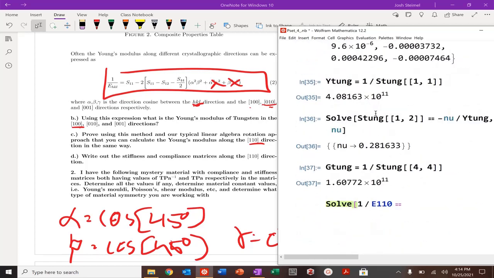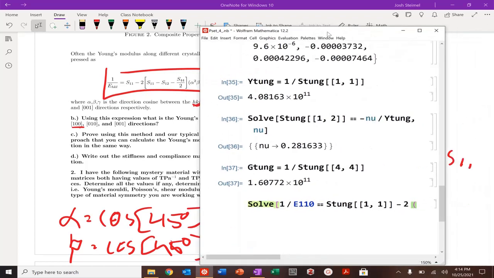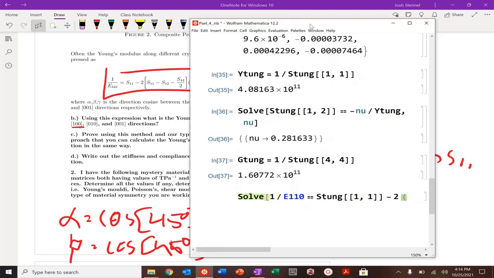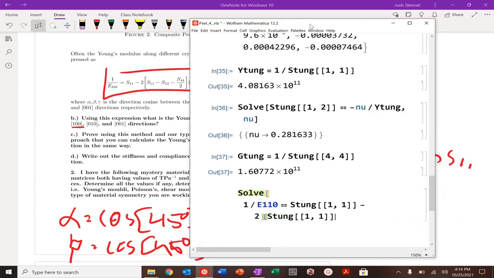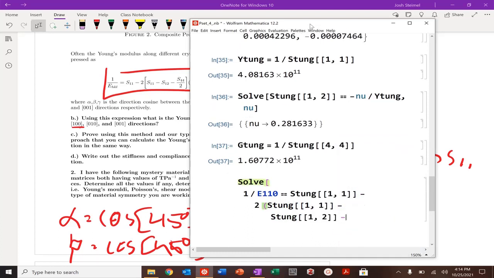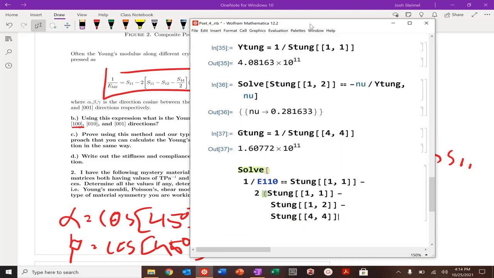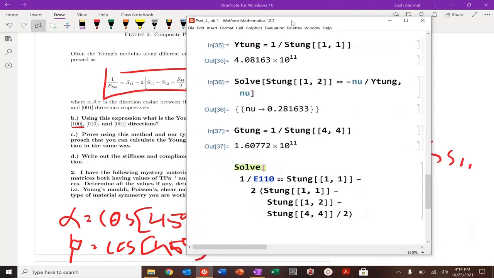But I'm just going to do S tongue 1, 1 minus 2 times, let me go over here, 2 times S tongue 1, 1 minus S tongue 1, 2 minus S tongue 4, 4 divided by 2, and then all of that times cosine, and that's where you need to be very careful.